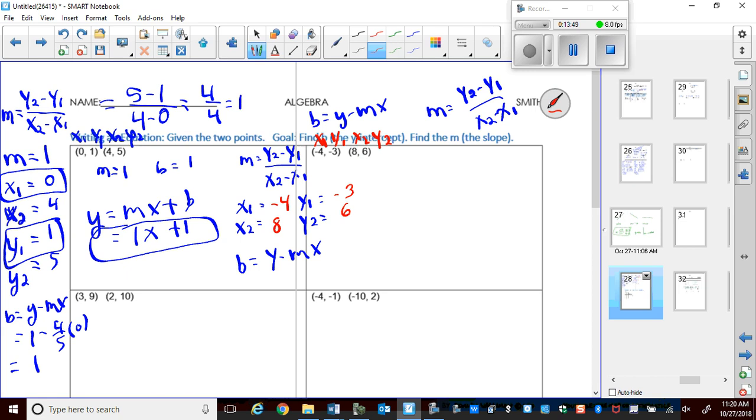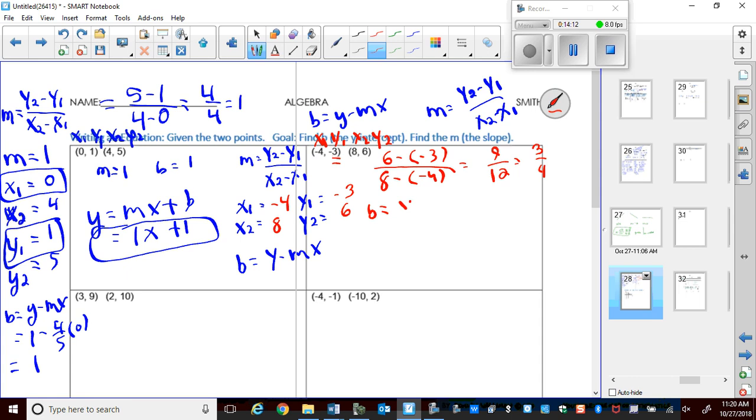Okay? So my slope equals y2 minus y1, or 6 minus -3, over 8 minus -4, which equals 9 over 12, reducing to 3 over 4. That's my slope.